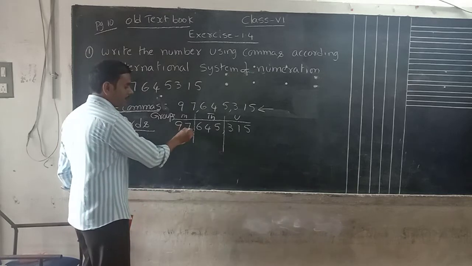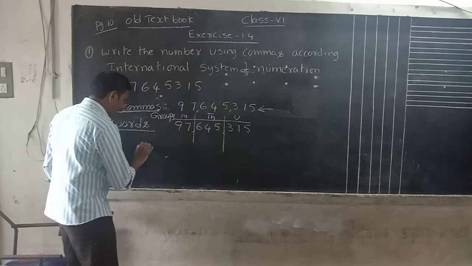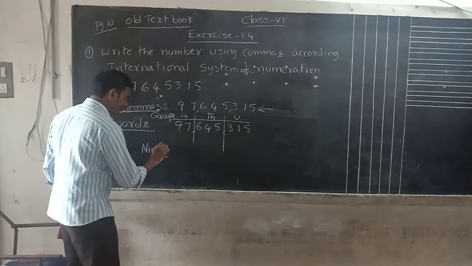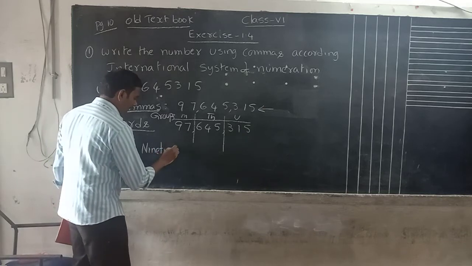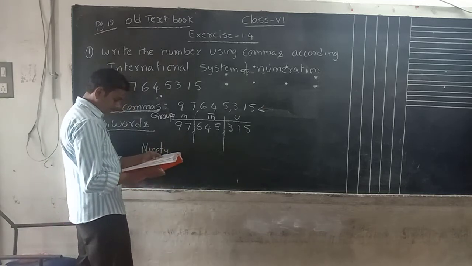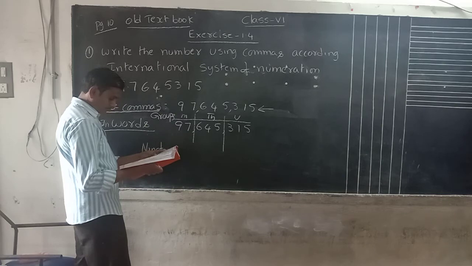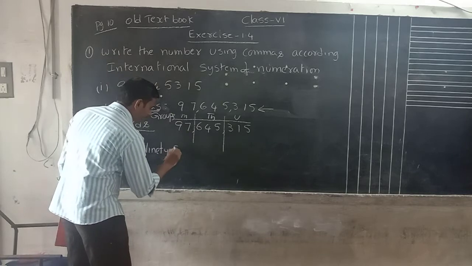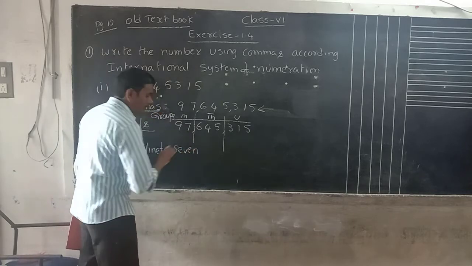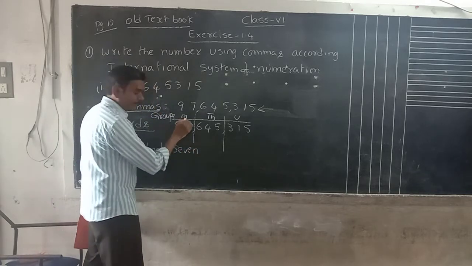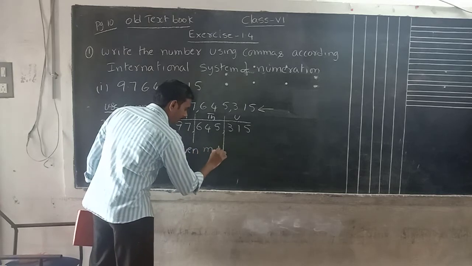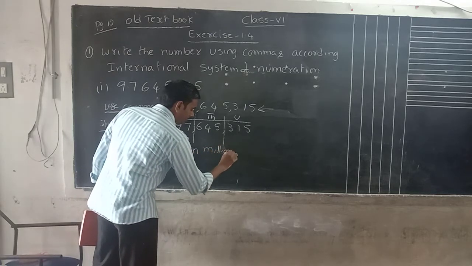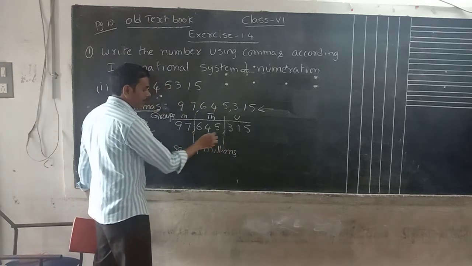What is in the million place now? 97. What is the group here? Million. 97 million. What is in the thousand place?